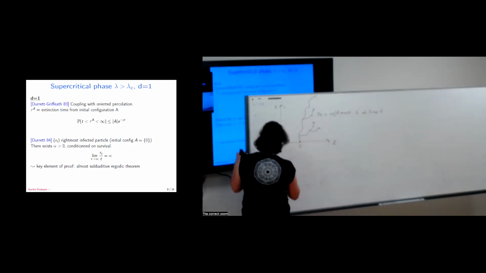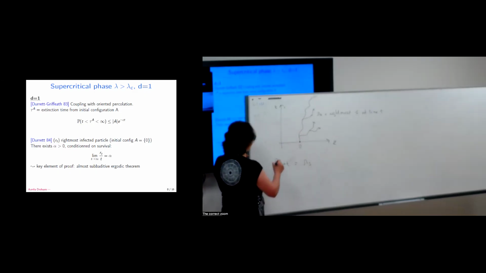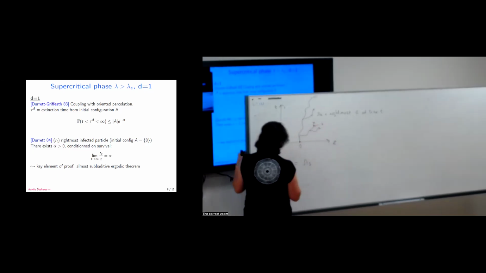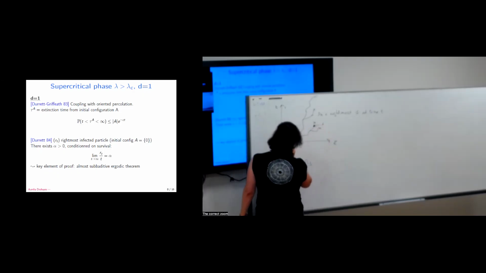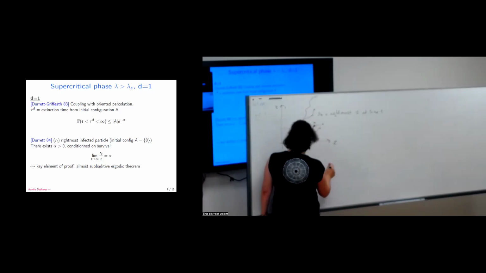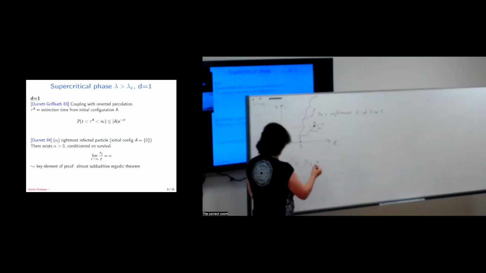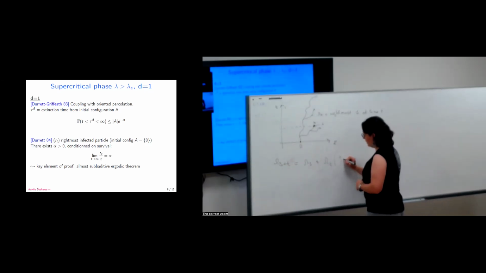The idea is that if you look at the rightmost one at time s plus t, you can go first to the rightmost point at time s, and then go from the configuration at time s and look at the rightmost at time t, starting from the configuration at time s.